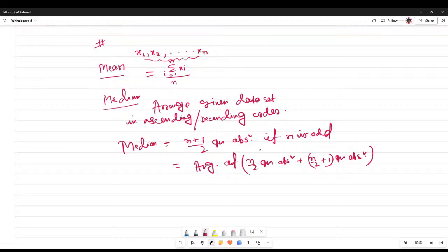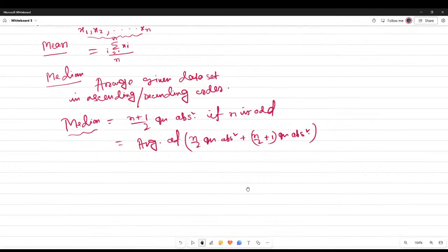Their average is the median. Okay? Mean and median are done. This is for ungrouped distribution.